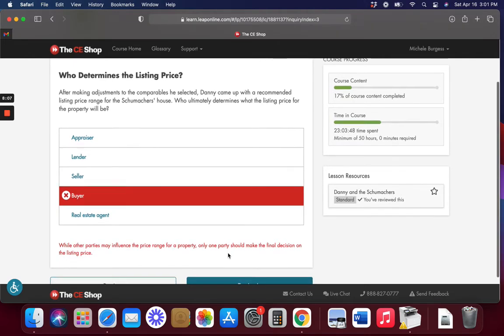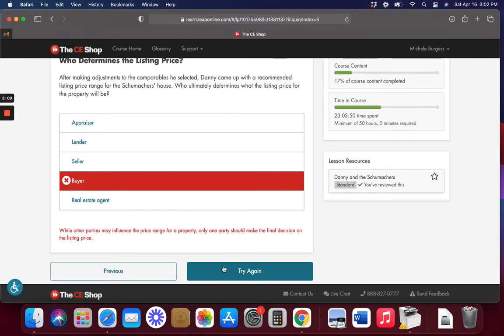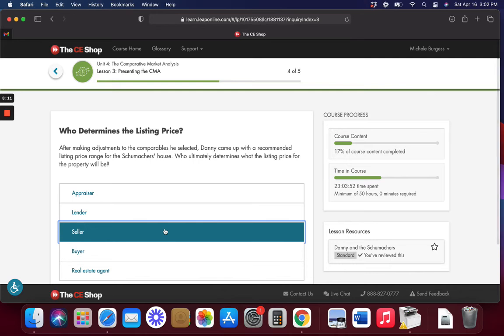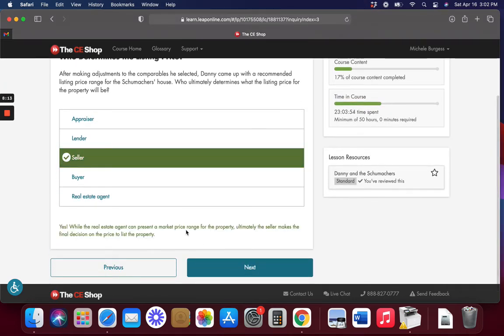No. Only one party should make the decision. Okay, well, let's try seller. Yes, okay, the seller, not the buyer. All right, well, I could disagree with that, but that's what they have here. I mean, the seller's going to determine what they want to list it for, but if they're going too high on the price, the buyer isn't going to buy it.